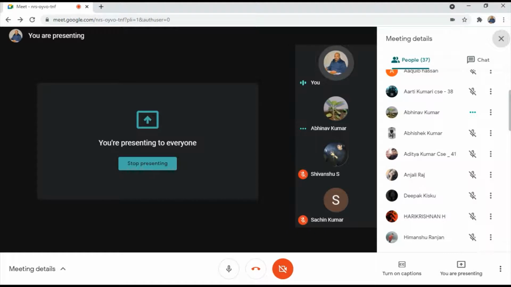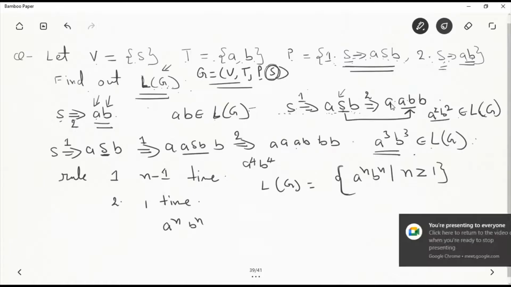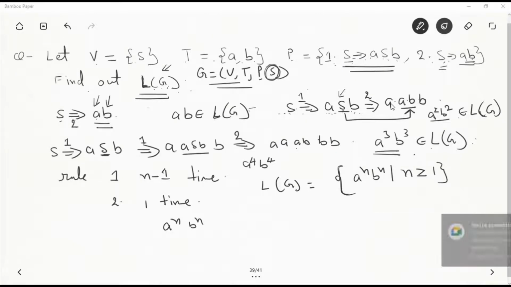So just try to verify whether A4 B4 belongs to this language or not. What do you have to do? Sir, applying the production rules. So production rule 1 will be applied how many times? Sir, three times. Very good. And then production rule 2? One time. Okay. So I think it is clear for all of you how to generate the language with the given production rules of a grammar.